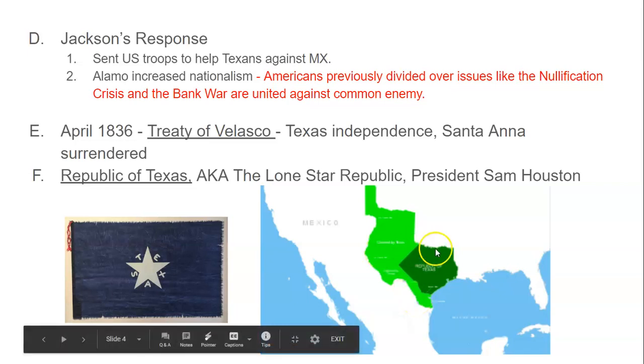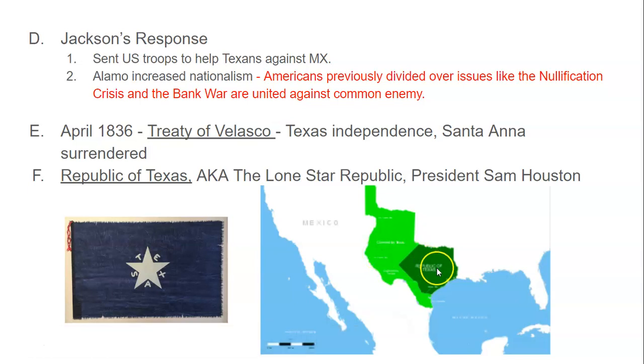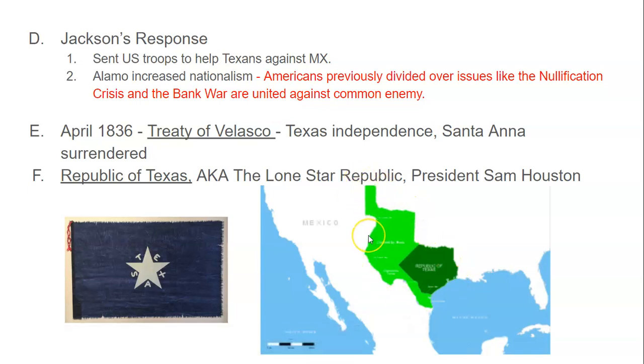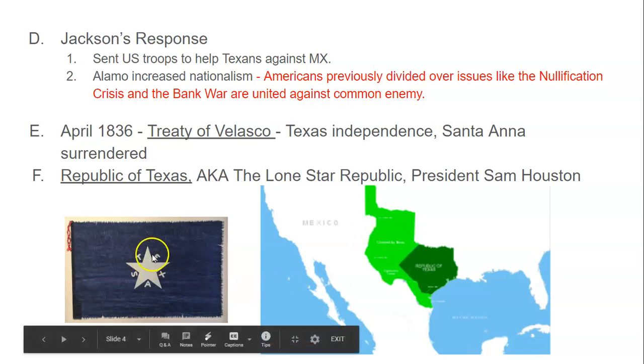So there's this border dispute, which eventually is going to cause a war a little bit later on as to what Texas actually is. But in the minds of Americans, the Republic of Texas, this independent country, is not a state yet. It has a president whose name is Sam Houston and a flag right here with the Lone Star on it, which is often why Texas is called the Lone Star State.